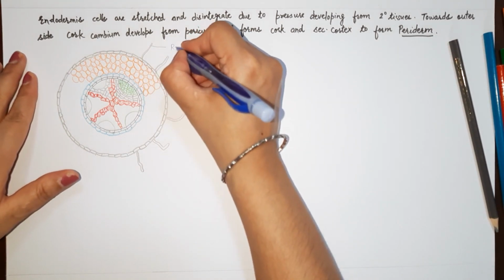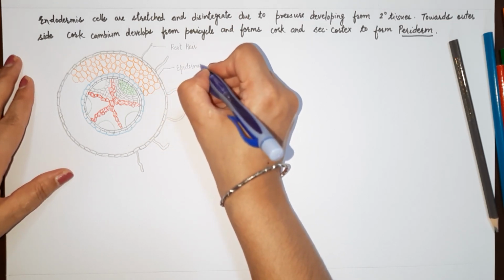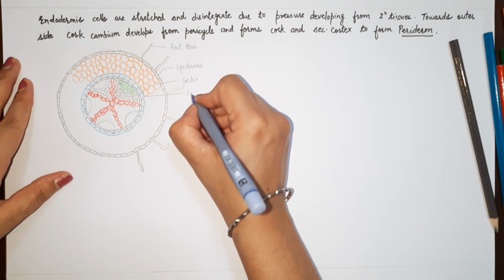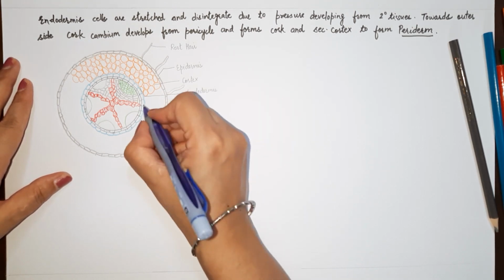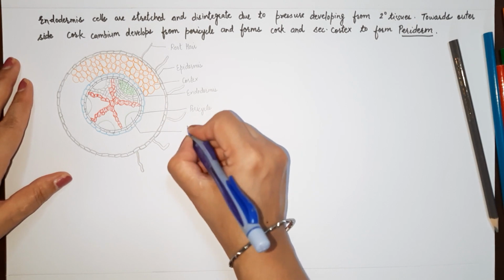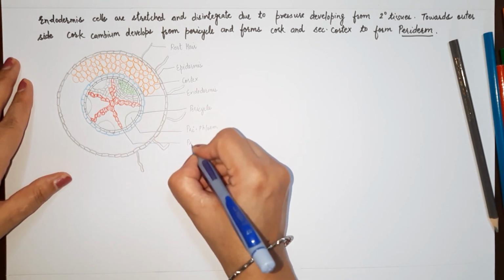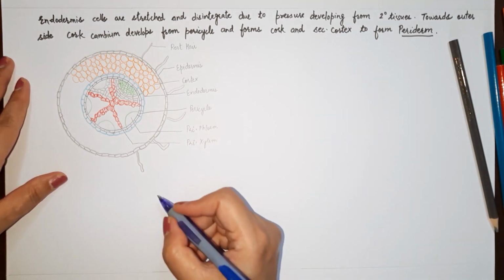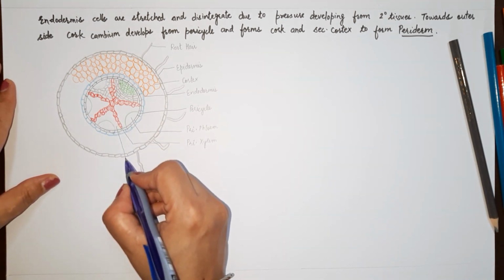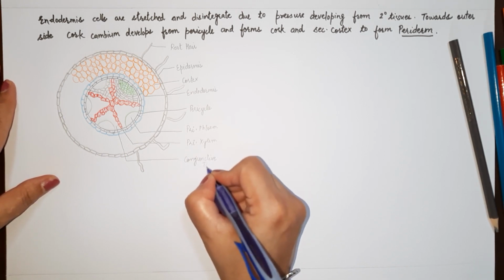So the labeling part, we have root hair, epidermis, cortex, endodermis, pericycle, primary phloem, primary xylem, and in between these, within this space between xylem and phloem, there is conjunctive parenchyma or conjunctive tissue.